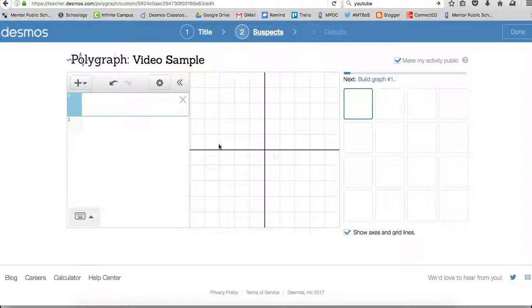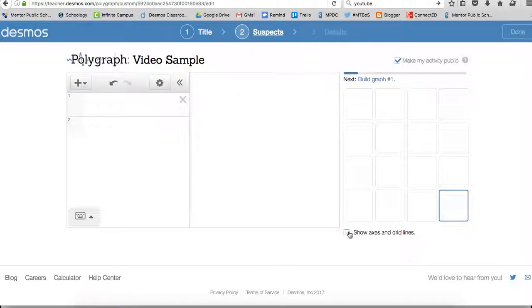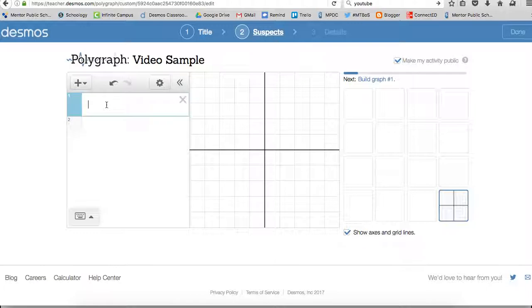For your polygraph, it brings you to a screen first where you have 16 boxes. Each of these boxes is going to be one of your suspects. You can toggle the grid lines on or off depending on what you want to show with the graph.